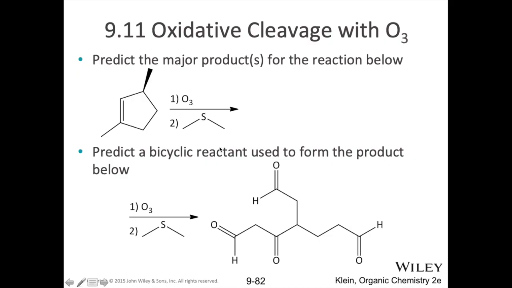Okay. Likewise, for this molecule here, notice that we've got four carbonyls. Remember, two of these carbons were probably attached to each other in some fashion. This carbonyl and this carbonyl were probably not connected.